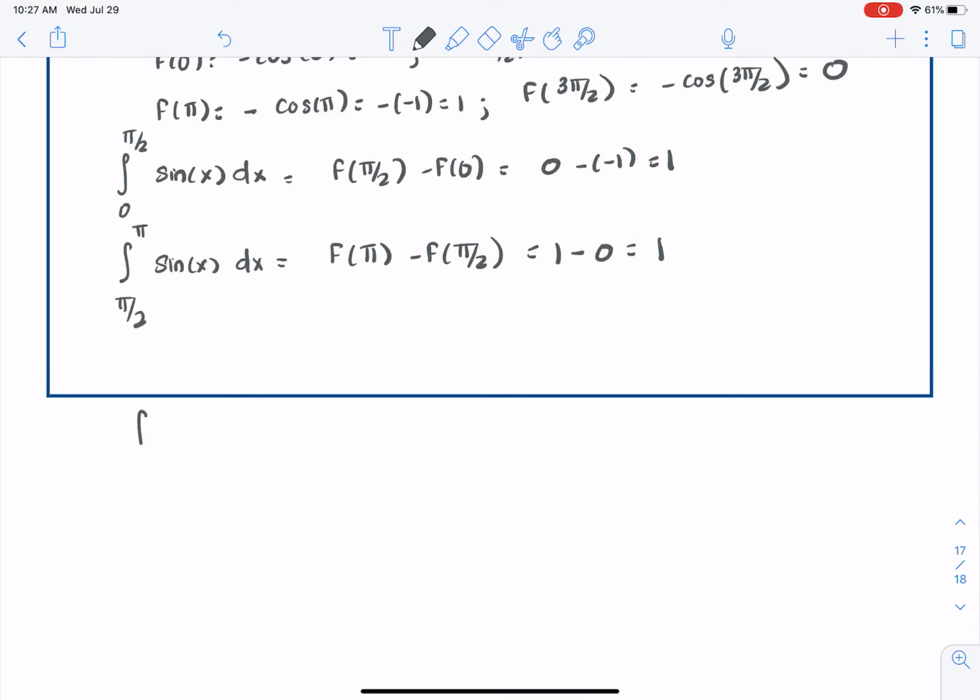And lastly, the integral from pi to 3 pi over 2 of sine x dx would be f of 3 pi over 2 minus f of pi, which is simply 0 minus 1, we get minus 1.